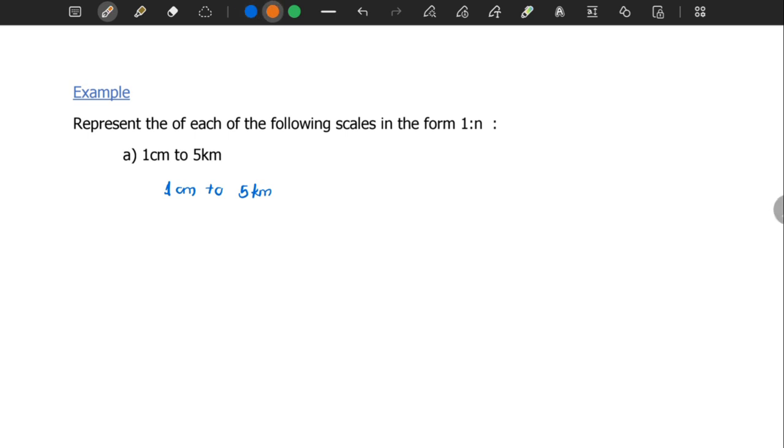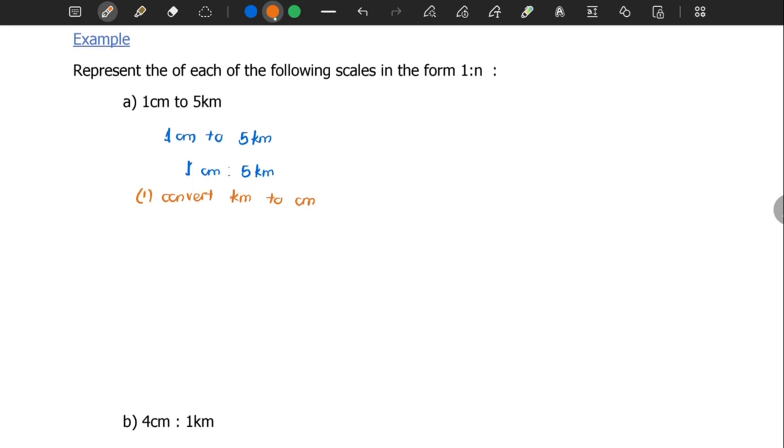In that format, it is 1 centimeter is to 5 kilometers. The first thing we do is convert kilometers to centimeters.